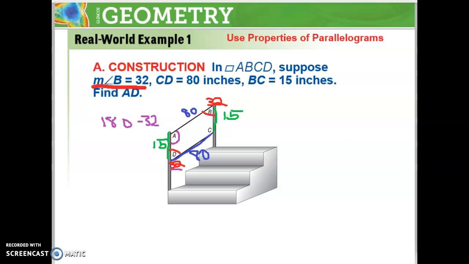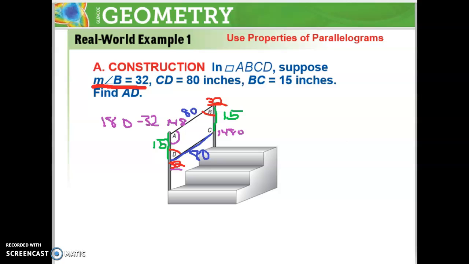So 180 minus 32 is 148. So this one's going to be 148 degrees. So if angle A is 148, that means C is also going to be what? 148 degrees.